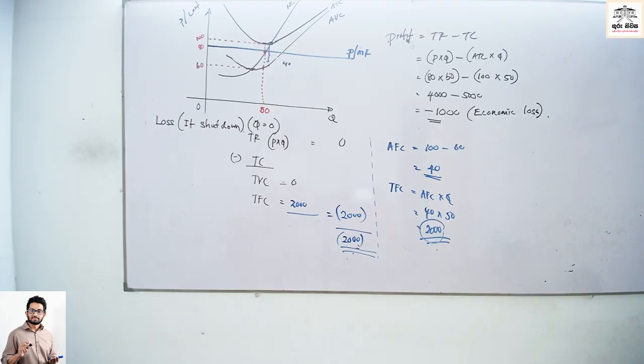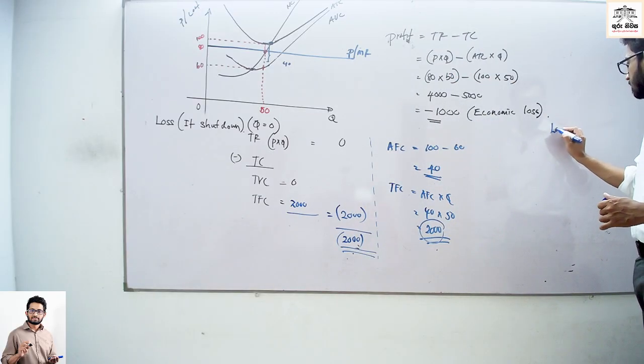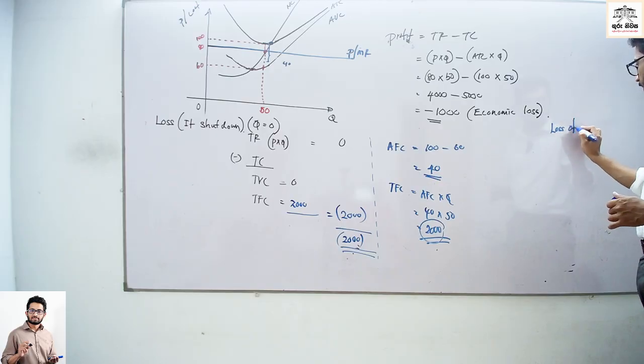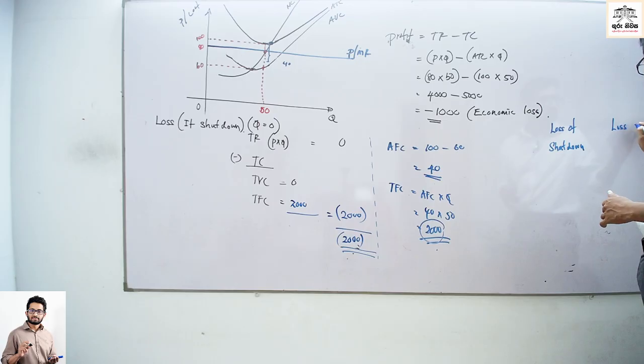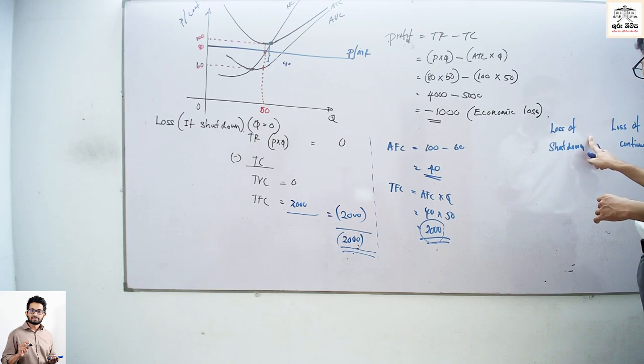So this is called loss of shutting down and loss of continuing. Here, loss of shutdown is greater than loss of continuing.